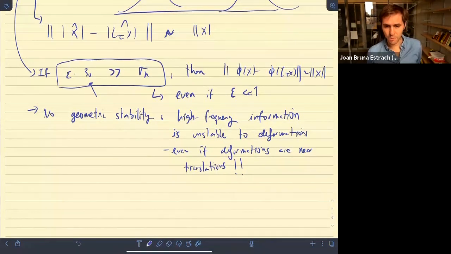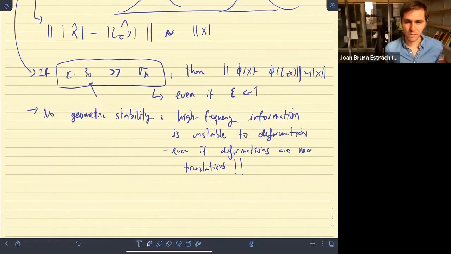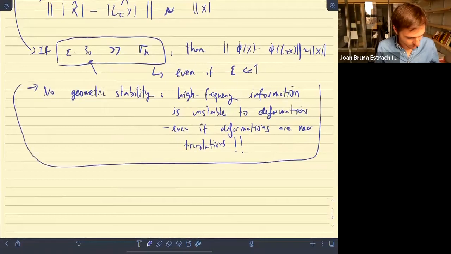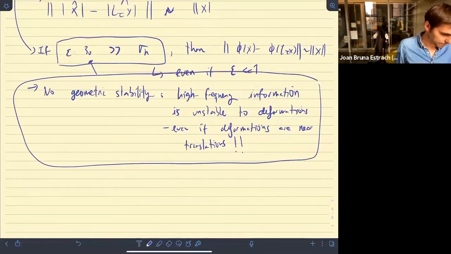But as soon as I have something that is barely a translation, just a tiny epsilon, very, very small, then everything starts to shift around. All the information is just moving from one frequency to the other, so these things are no longer invariants. And no matter how small the epsilon is, there will always be some frequency that will become unstable. Okay, that's what it's trying to capture here in this big conclusion.